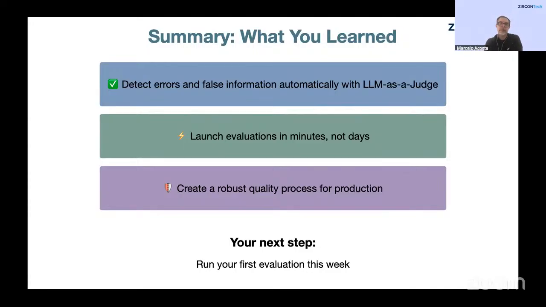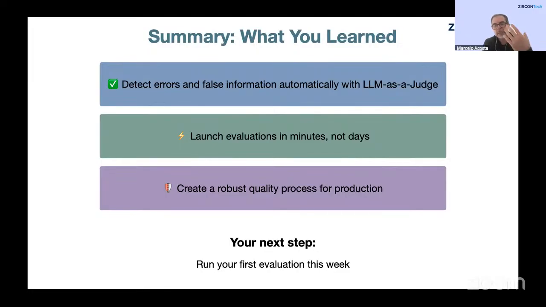So let's recap what we have learned today. First, now you know that you can find errors and false information easily using this LLM as a judge. So you don't have to do this manually, and you don't have to be getting errors in production.